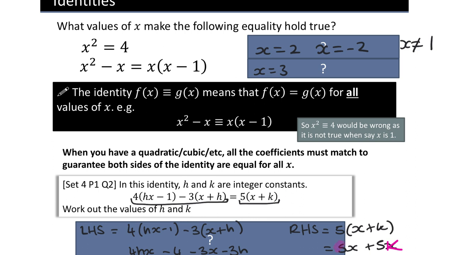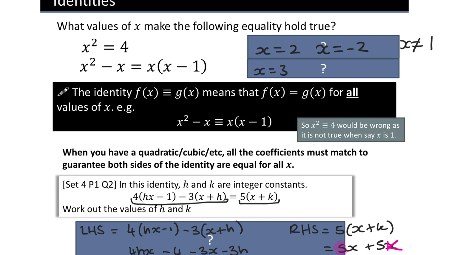So that must mean that 4h minus 3 equals 5, because we're comparing coefficients. We know the left-hand side is completely identical to the right-hand side. Okay? So 4h minus 3 equals 5. 4h equals 8. H equals 2.